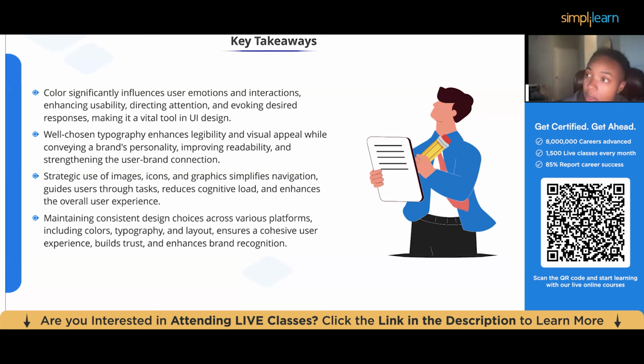Strategic use of images, icons, and graphics simplifies navigation. It guides users through tasks, reduces cognitive load, and enhances the overall user experience. Maintaining consistent design choices across various platforms, including colors, typography, and layout, also ensures a cohesive user experience, builds trust, and enhances brand recognition.